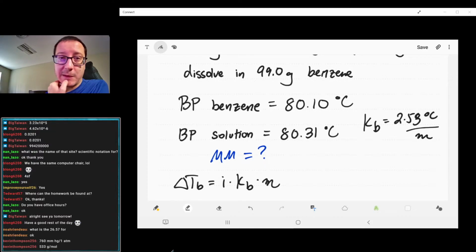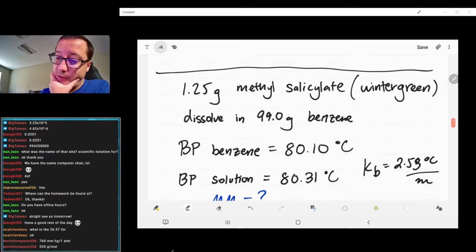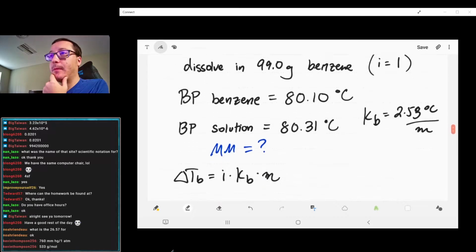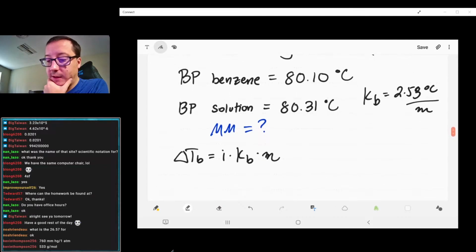We're not really going to be dealing with ionic compounds because those have tricky Van 't Hoff factors, unless we just assume they're going to be whole numbers. Because this is a molecule, and we have benzene as our solvent, our i is going to be 1. Going back down here, we have 3 components of this equation.